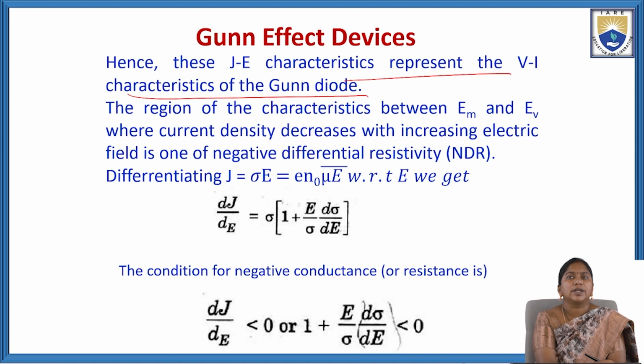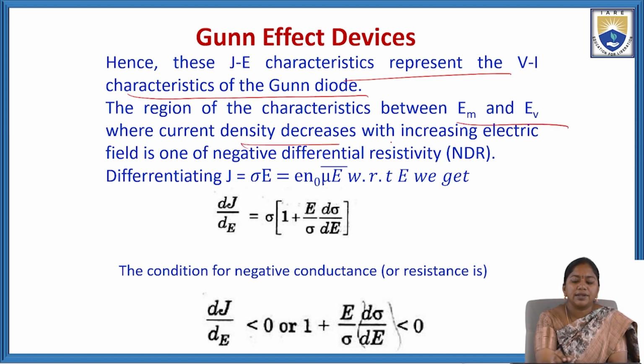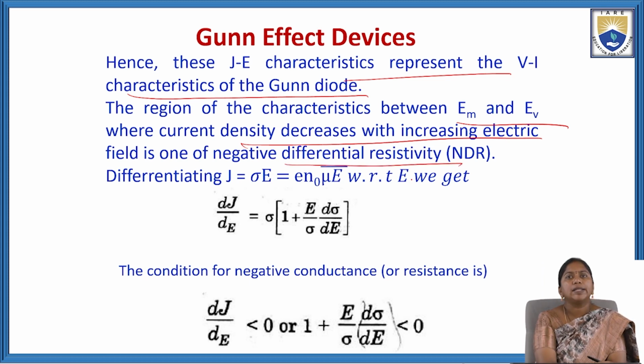So, the region of the characteristics between Em and Ev, where the current density decreases with increasing the electric field, is one of the negative differential resistivity, that is called NDR. So, differentiating J equal to sigma E, E N naught mu bar into E with respect to E, where mu bar is the average mobility, we get dJ by dE equal to sigma into 1 plus E by sigma into d sigma by dE.